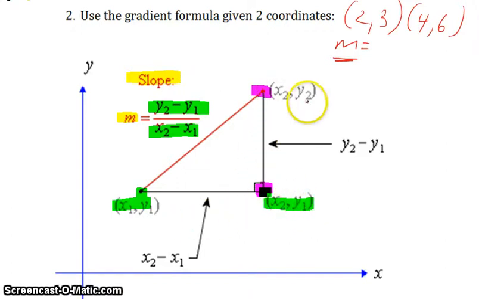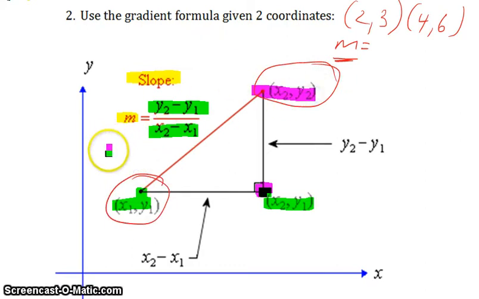And we've got x2, y2 up here. In fact, we're only really thinking about these 2 points here. We don't really need this point here, but we need it to figure out the right angle triangle. So what we're going to be looking at is these 2 key points, x1, y1 and x2, y2.